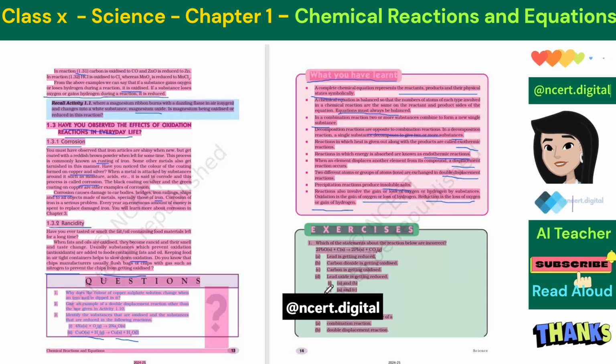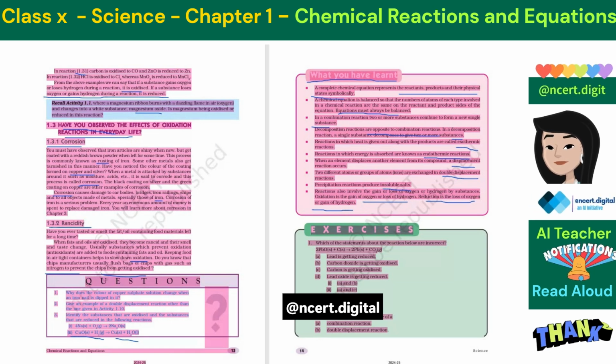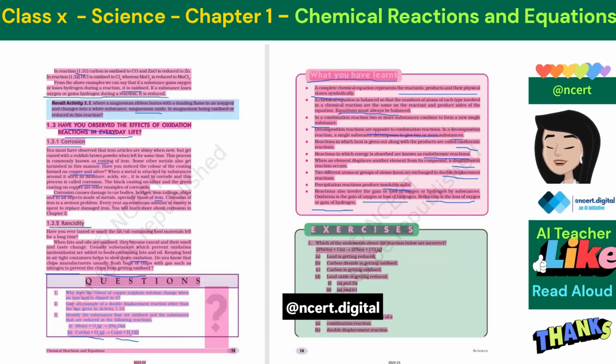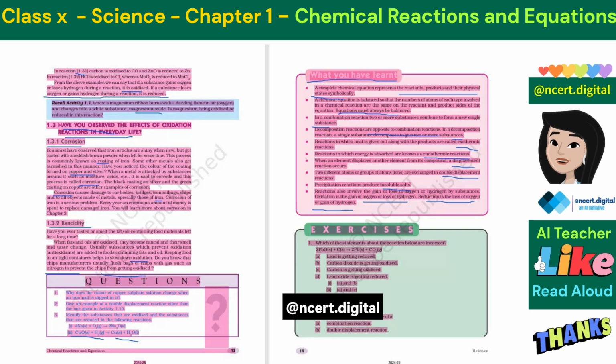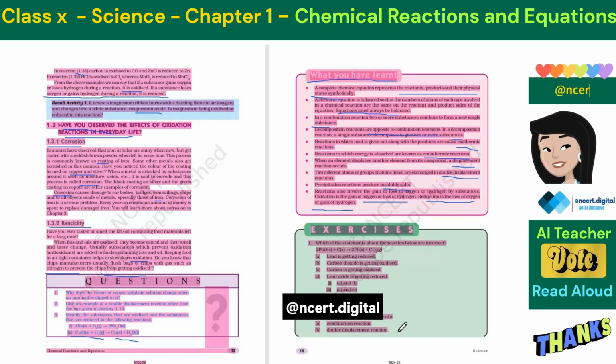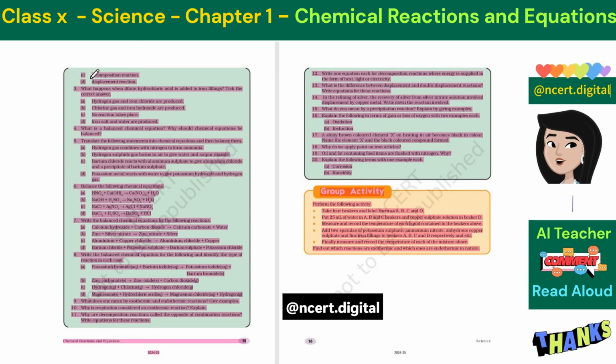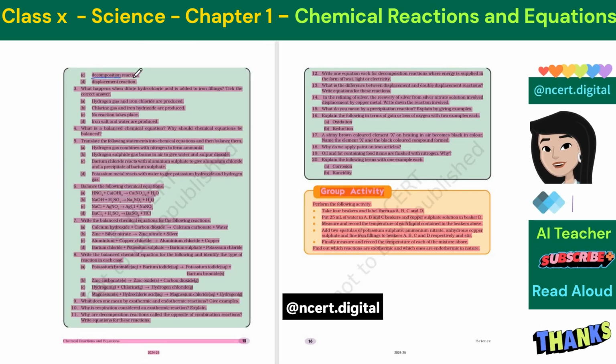Options: (i) A and B, (ii) A and C, (iii) A, B and C, (iv) all. 2. Fe2O3 + 2Al → Al2O3 + 2Fe. The above reaction is an example of A. combination reaction, B. double displacement reaction, C. decomposition reaction, D. displacement reaction.